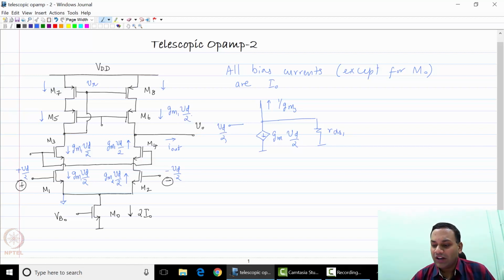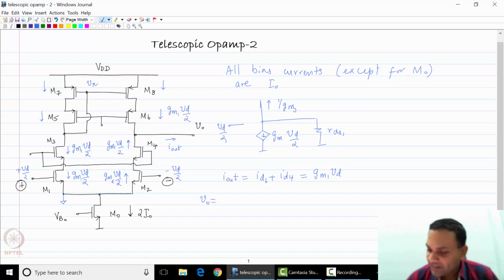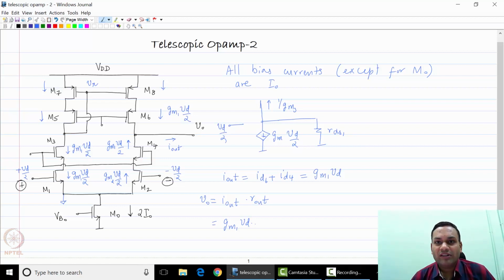As you can see, the two currents flowing from M6 and M4 are in phase and will add at the output. So I out is ID6 plus ID4. This is nothing but Gm1 times Vd. So the output voltage that is generated is I out times R out, and R out is nothing but the impedance looking upwards and downwards. So let us see what R out is.